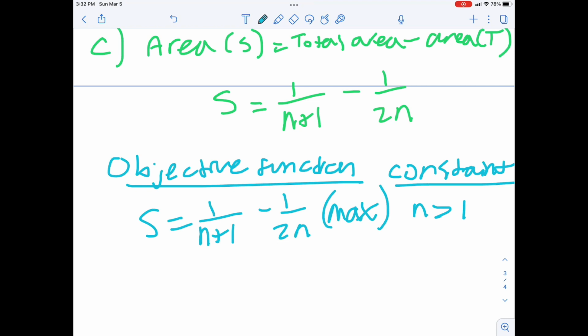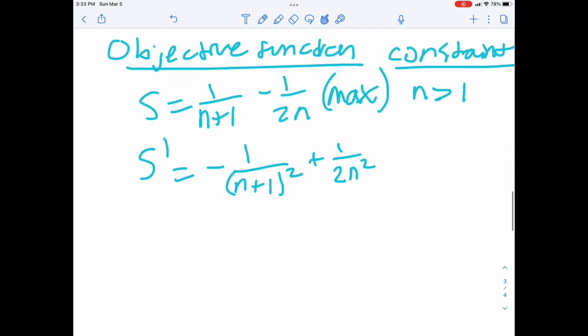So let's do that. I'm left with S prime equals negative 1 over n plus 1 squared plus 1/2 divided by n squared. So that is my derivative.